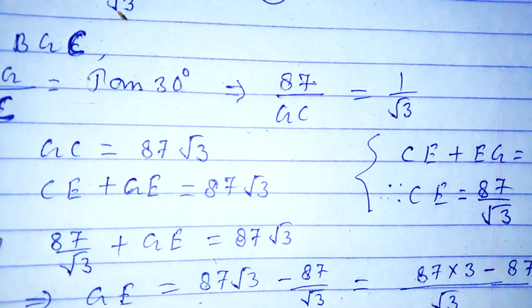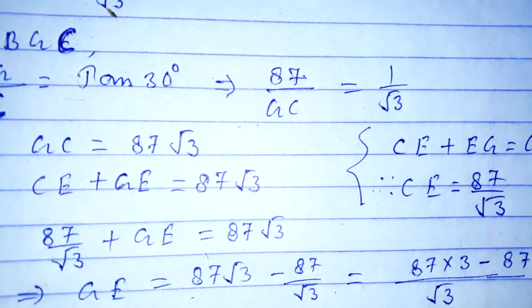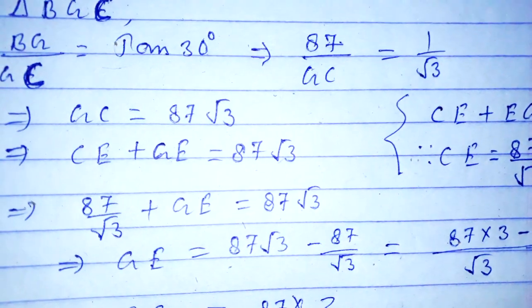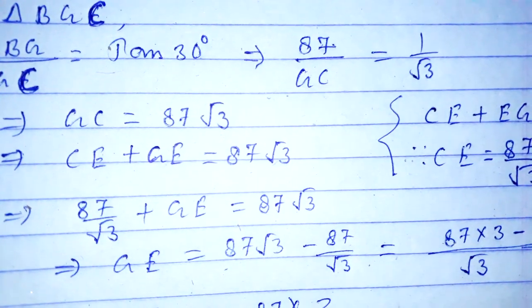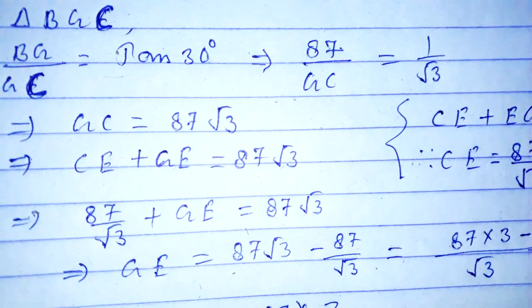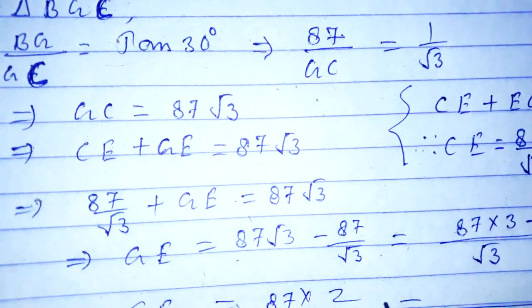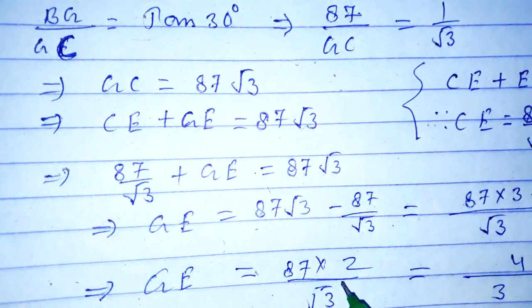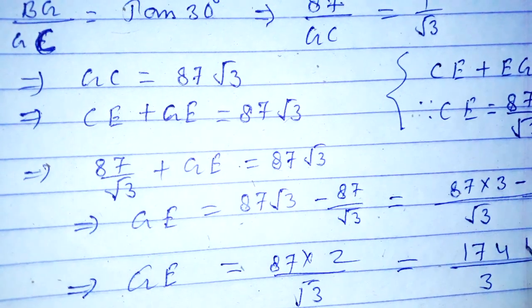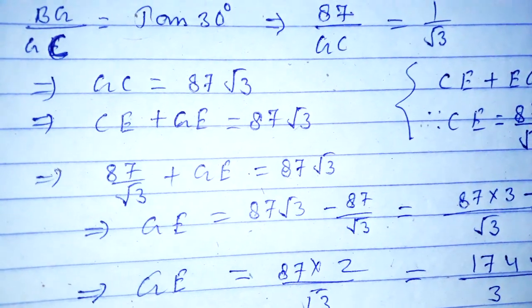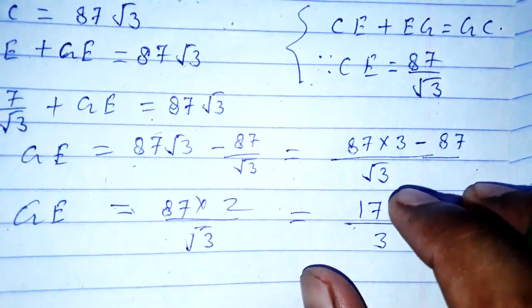Rationalize the value, so the complete value is 87 root 3 meter, this value.